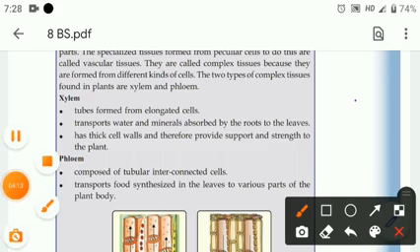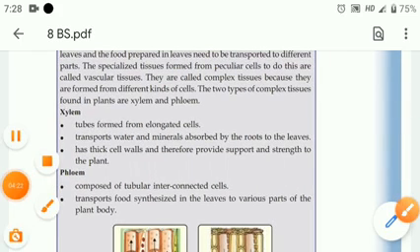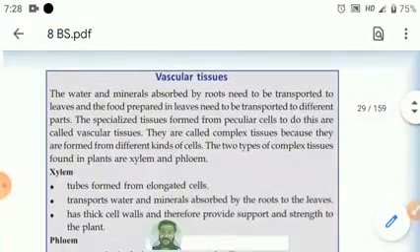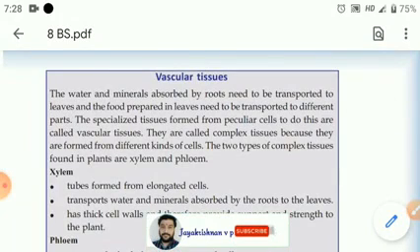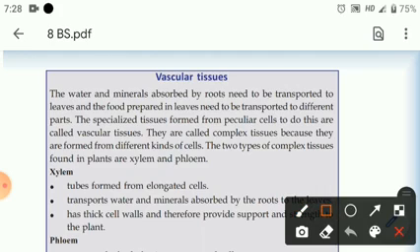Yes, dear children, water and minerals absorbed by the roots need to be transported to the leaves, and food prepared in the leaves needs to be transported to different parts. The specialized tissues performing this are known as vascular tissue.